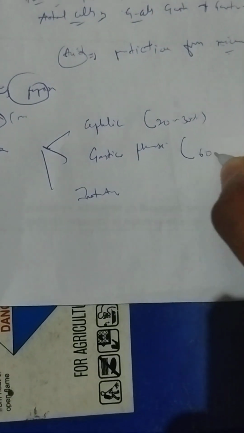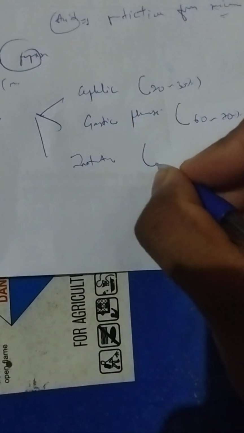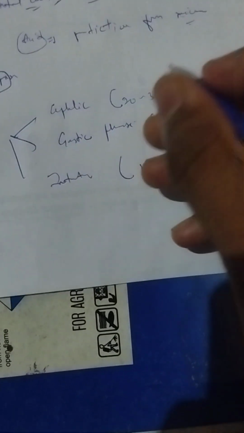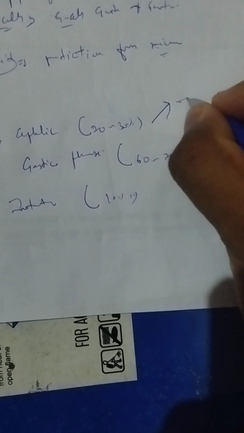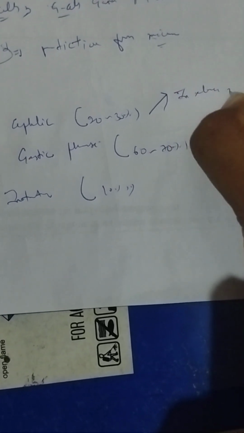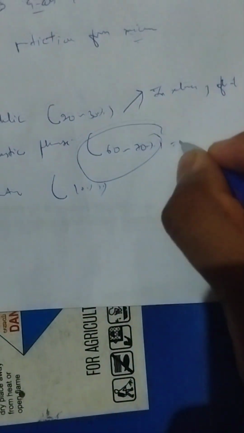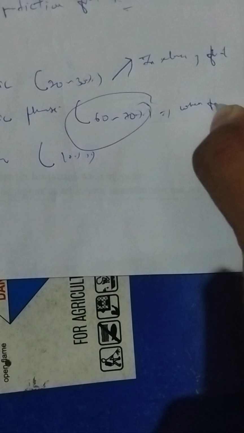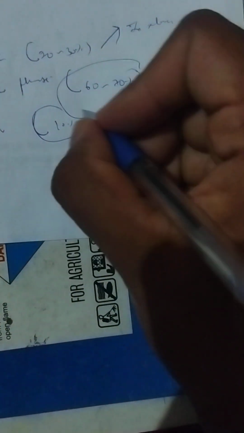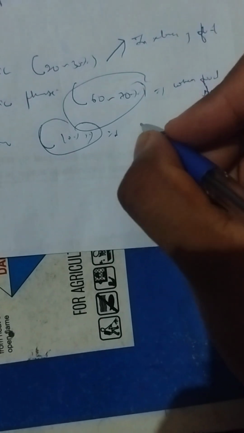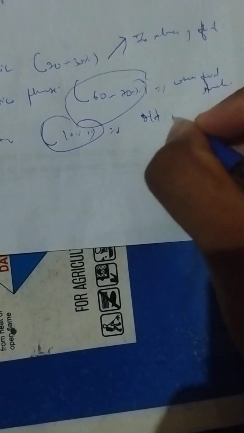The gastric phase contributes about 60 to 70%. The intestinal phase about 10%. The cephalic phase occurs in the absence of food. The gastric phase is seen when food enters the stomach. The intestinal phase occurs due to the products of protein digestion.